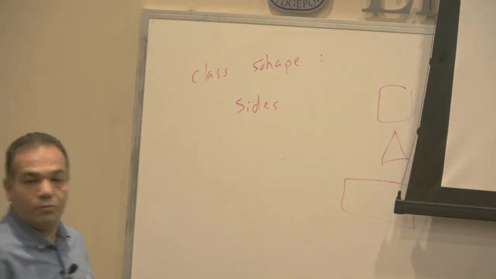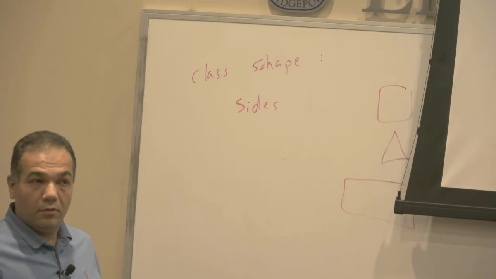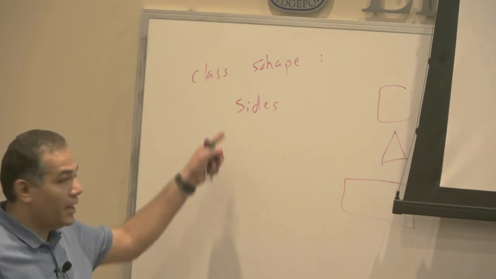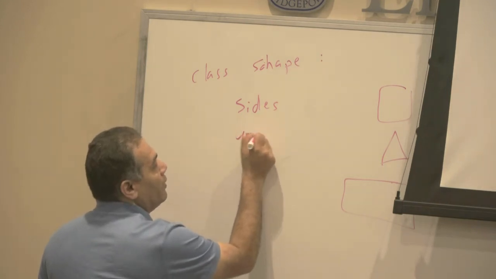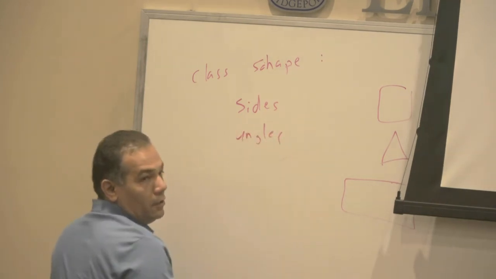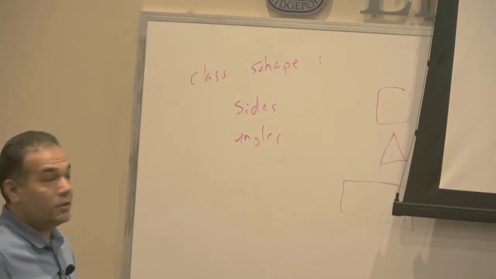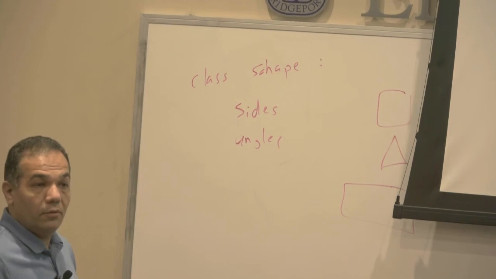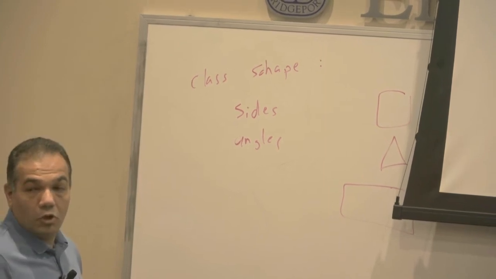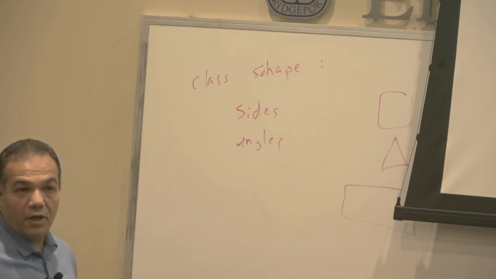So what are the elements you have with that shape? Area. Sides, the angles, what kind of angles you have? Area, is it a parameter? Is it an attribute? Area could be a method. You could create a method to calculate the area.